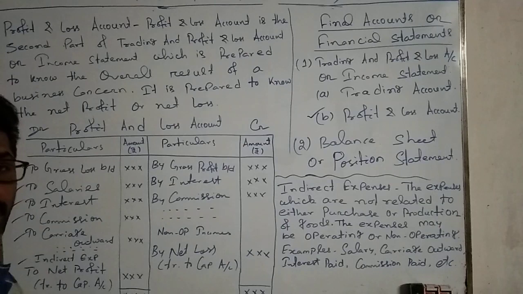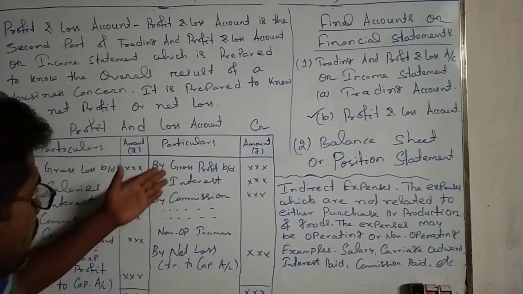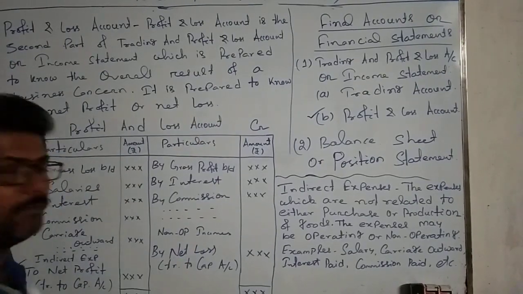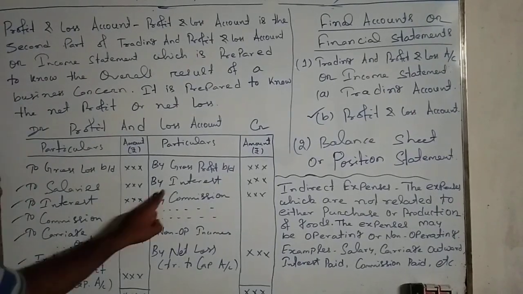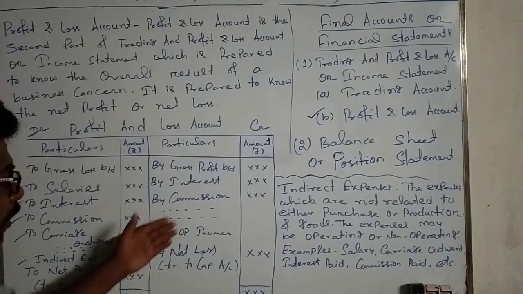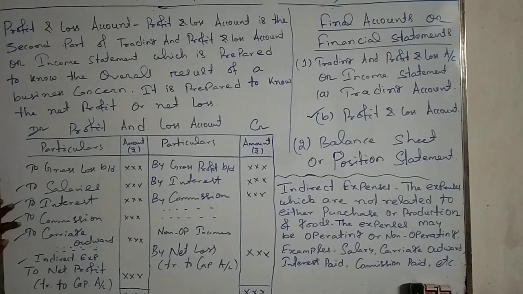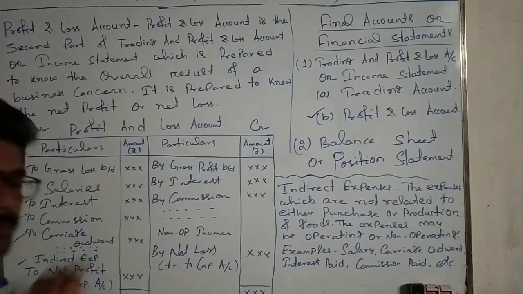Except that, all other incomes are non-operating. They will be shown on the income side or credit side of the profit and loss account, such as interest received, commission received, and all other incomes. Interest paid and commission paid are expenses, and these are incomes.